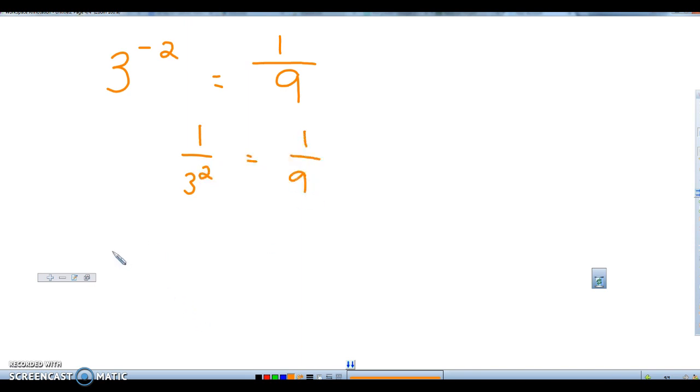So let's try this one. x times y to the negative 2. So if you think about it, x has that first power there, and we just don't see it. It's kind of an understood thing. So we'll leave x in the numerator, and then we'll move y squared, and that squared does become positive, into the denominator.